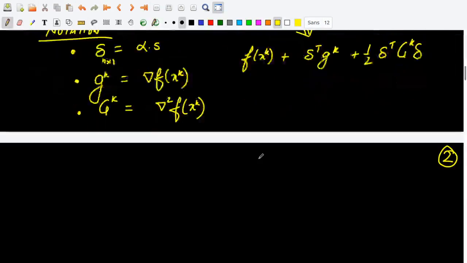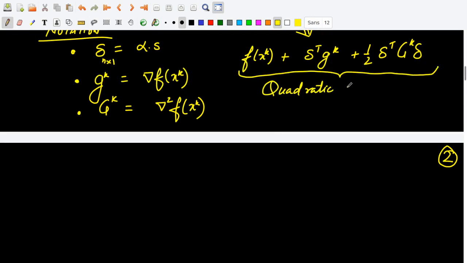What the Newton method tries to do is take this model of f, and this is a quadratic model, as there are some linear terms and some square terms.